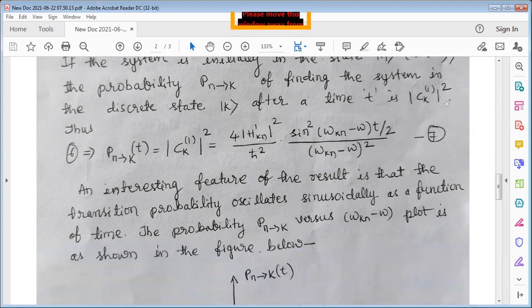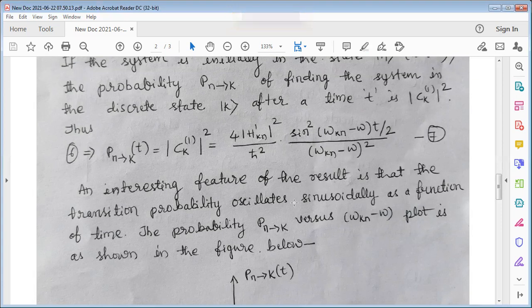We are left with P_nk(t) equal to |c_k(1)| squared, which is 4 |H'_kn| squared over ħ squared into sine squared of this function, divided by (ω_kn − ω) whole squared.